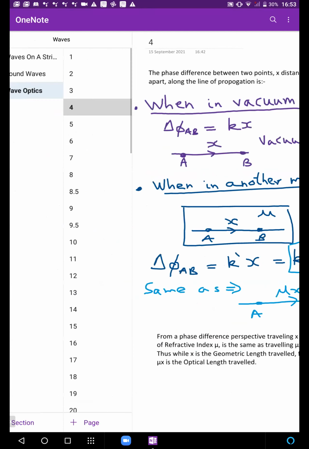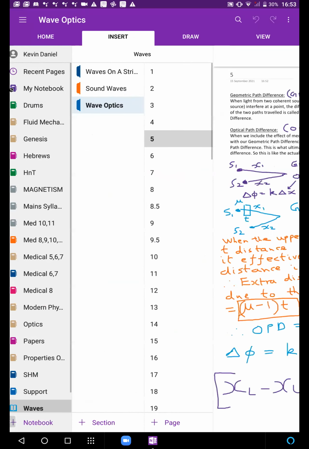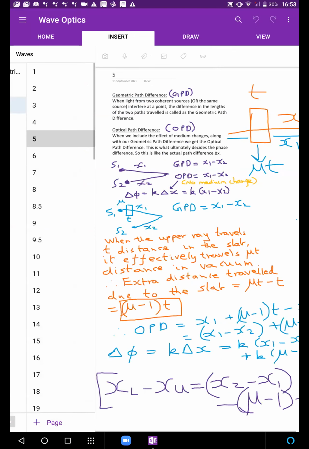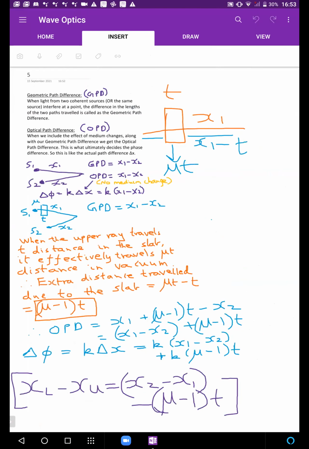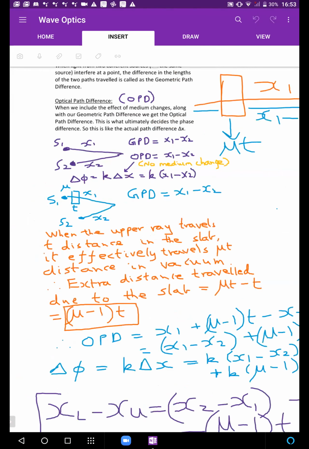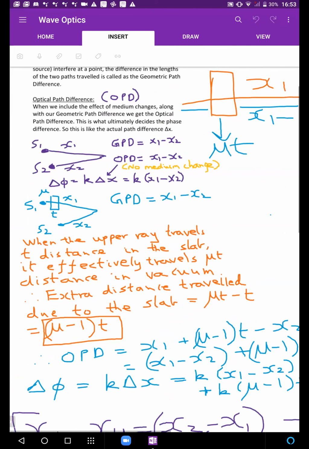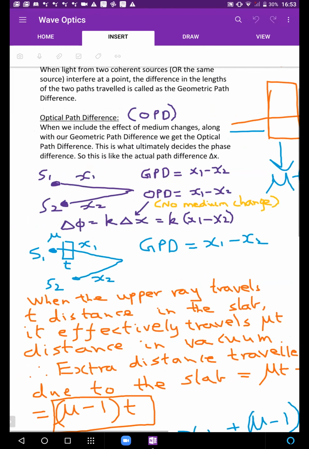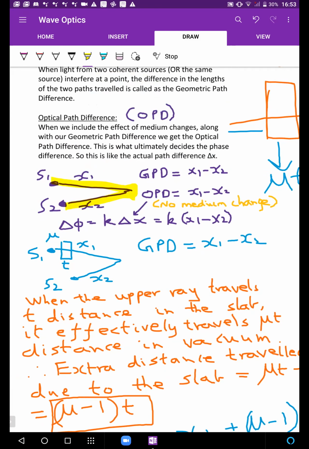ये basic idea है. फिर इसको use करके we can get optical path difference. So geometrical path difference, as light comes from two places to a point, is just x1 minus x2, the path difference between them.